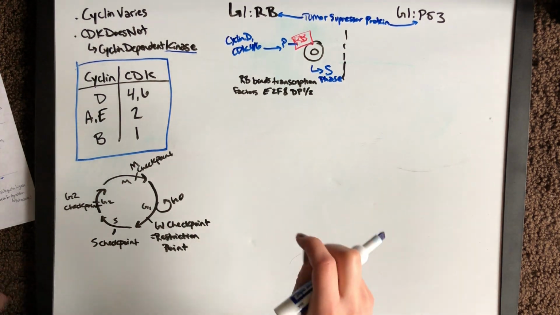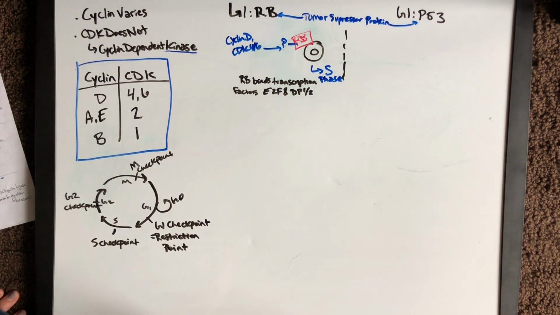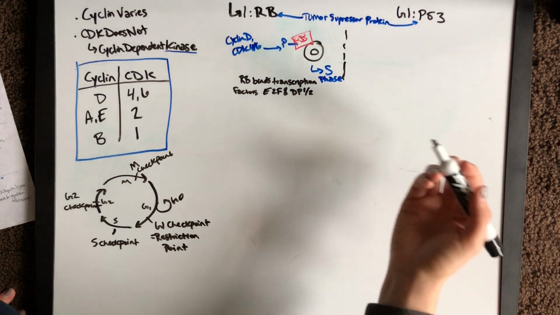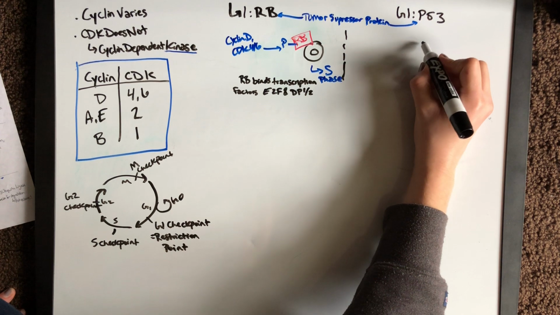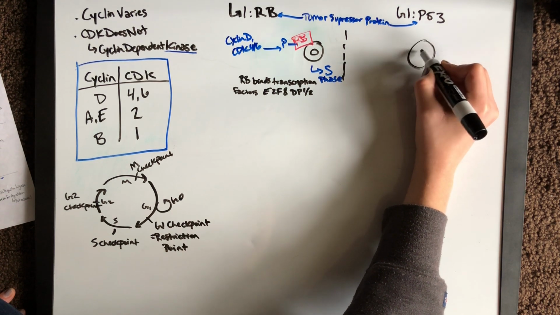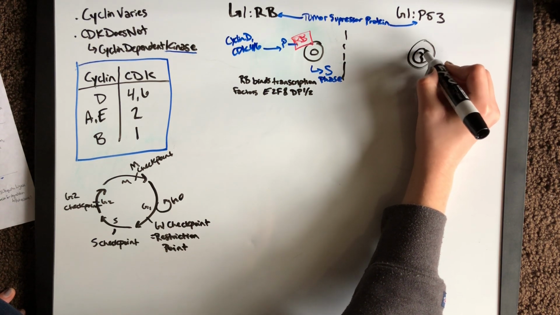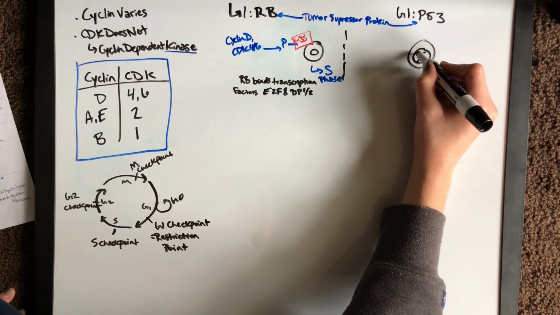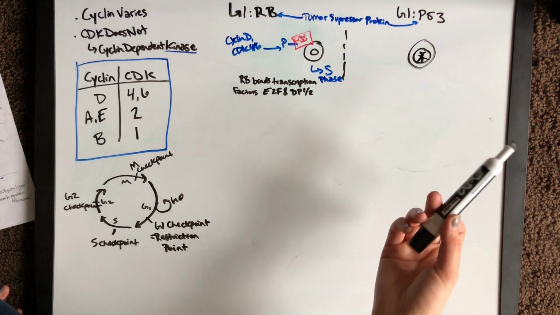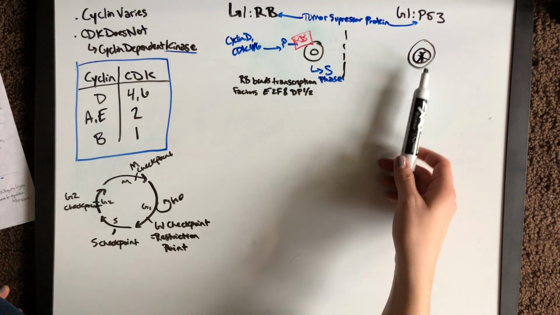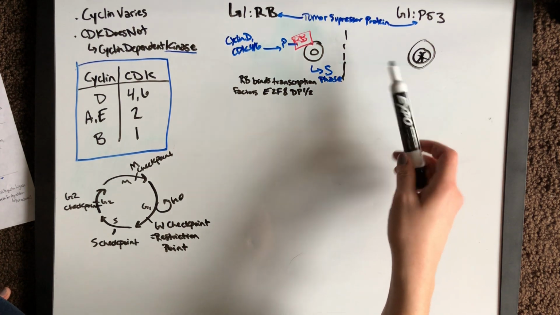So that one's done. And then our P53. So we have a cell, and there's some DNA damage in the cell. So something has hurt. That's supposed to be a double helix. That's kind of bad. But something's wrong with our DNA in the cell. There's some damage.